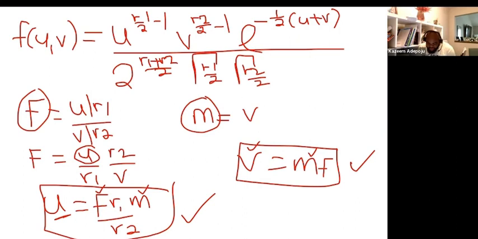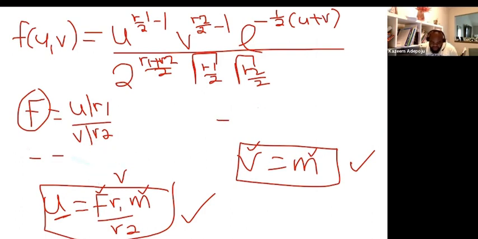Now what I'm going to do is set up my Jacobian, because I have 2 inverses. When there is more than 1 inverse, you're going to have a Jacobian matrix, which I'm going to write now. Let me clean this.